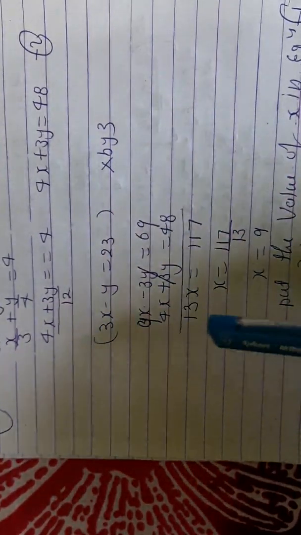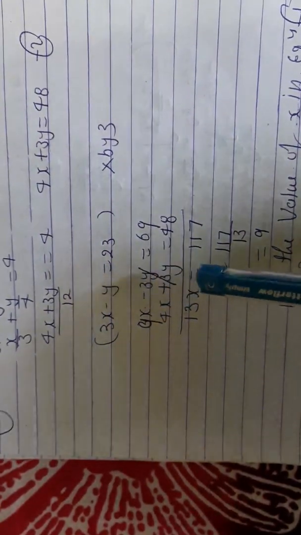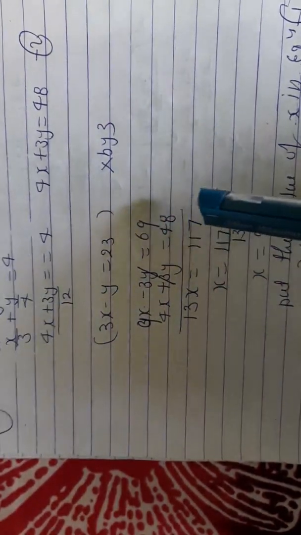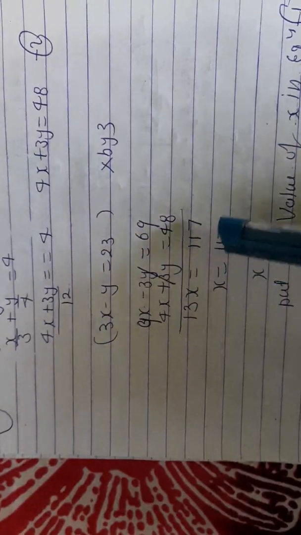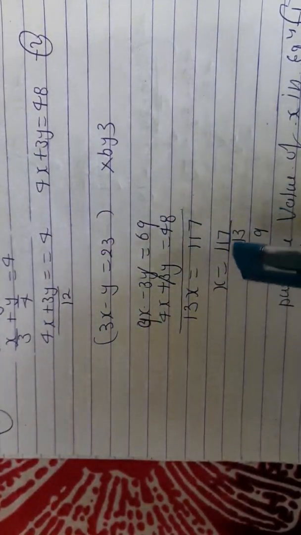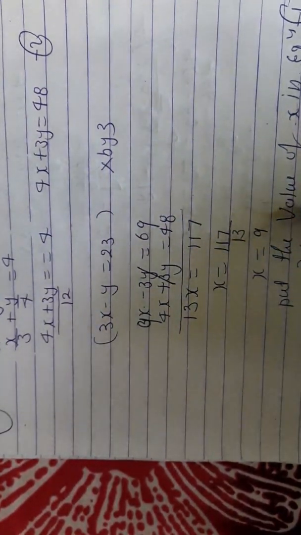One y is positive and one is negative, so we will cancel it. Then 9 plus 4 is 13, and 69 plus 48 is 117. Then we divide by 13, so 117 upon 13, the value of x is equal to 9.